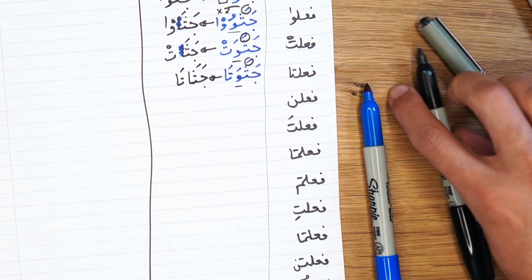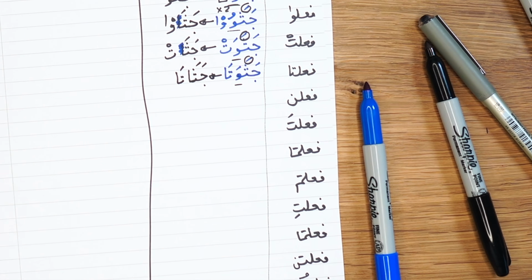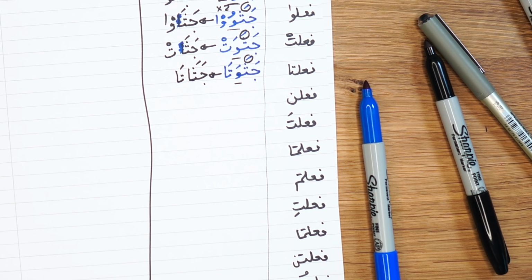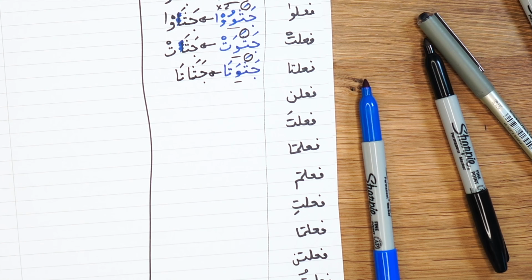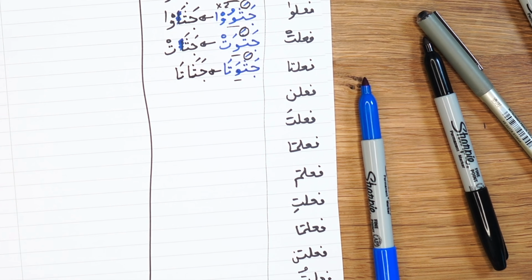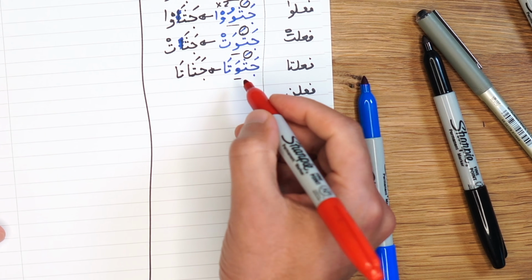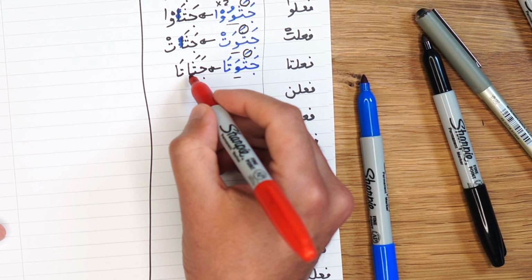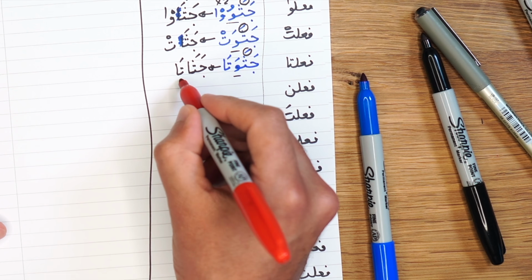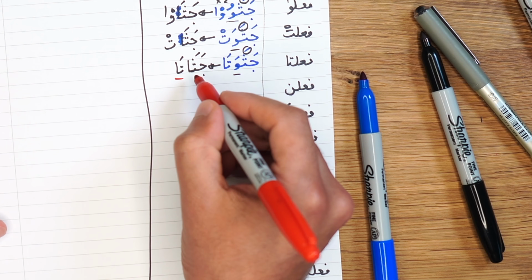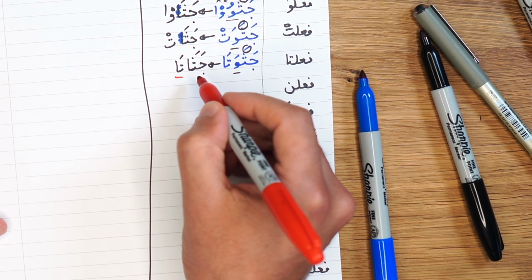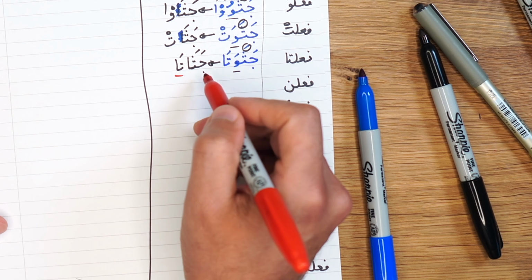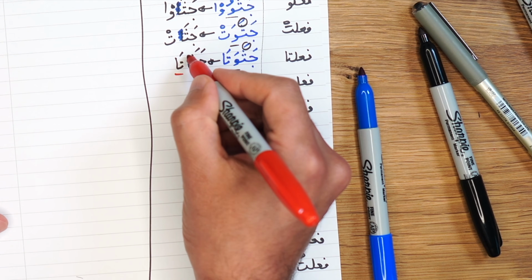Now what we do over here is another rule. That other rule basically is that if you have this alif that appears before a feminine ta, you have to remove the alif as well.